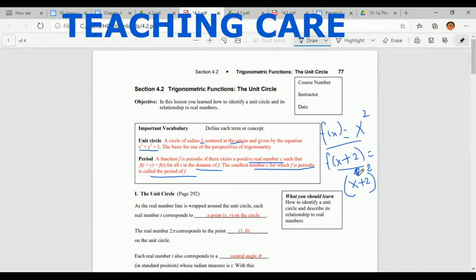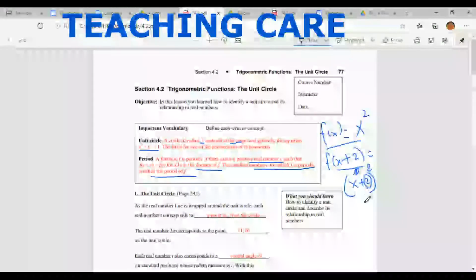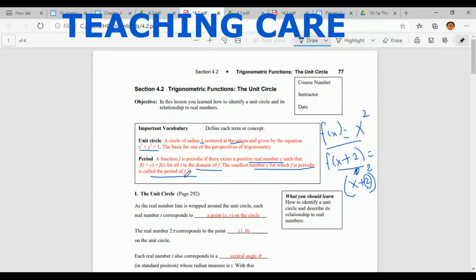It is equal. That is called periodic. The number you have added, which keeps the function the same after changing, is called the period of f. Here the period will be 2 for us. That small number which doesn't make any change in the function after adding it to the given function, you call it the period.